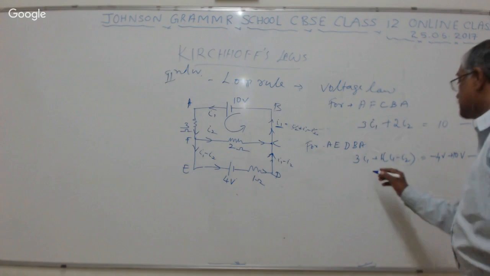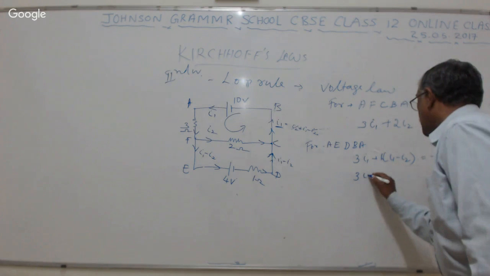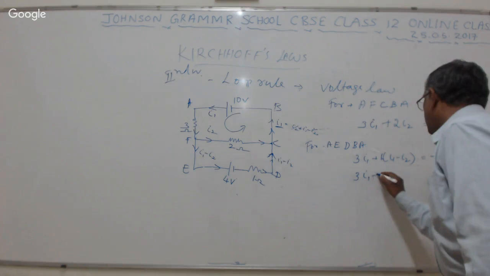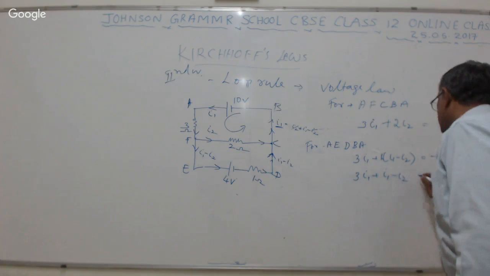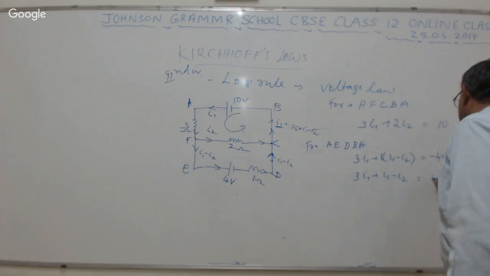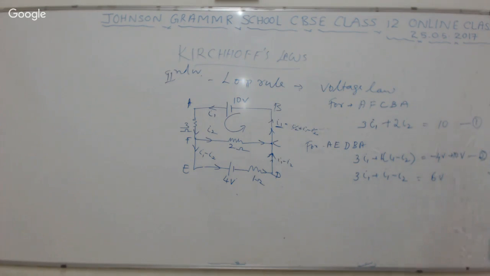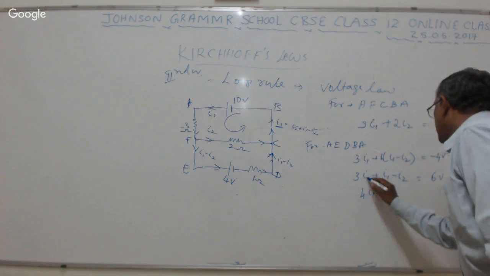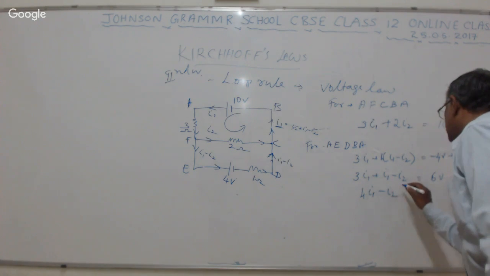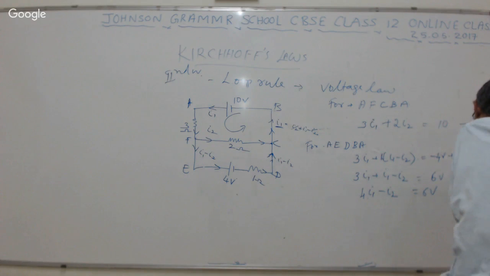Now simplify this: 3I1 plus I1 minus I2 is equal to 6, or we can say 4I1 minus I2 is equal to 6. You can say this is equation 2. So equation 2 is 4I1 minus I2 is equal to 6 volt.